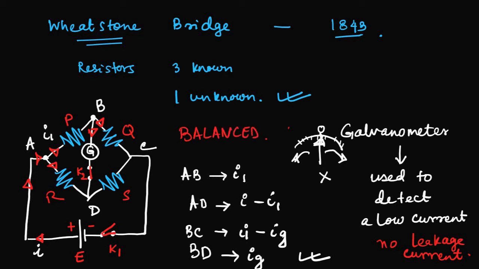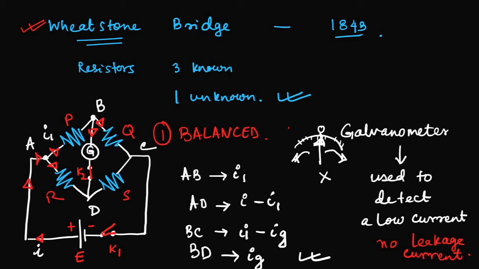If there is no current through the galvanometer, which is very sensitive to any kind of leakage current, then it would be called balanced. And this is the principle behind the Wheatstone bridge. First of all, we should be able to understand what a balanced Wheatstone bridge is and the principle behind it, how the current is getting divided, and what the use of this galvanometer is. It is detecting any kind of leakage current along BD.